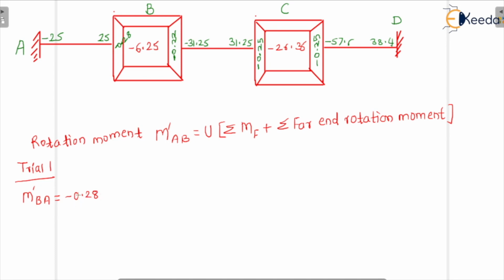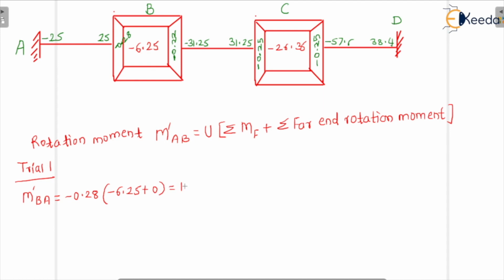Okay, now use it here. We have multiplied with this rotation factor. Now let us consider this value minus 6.25. Now the far end rotation moment will be 0 for it, it is a fixed end.